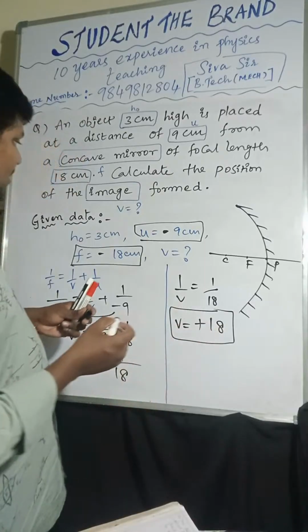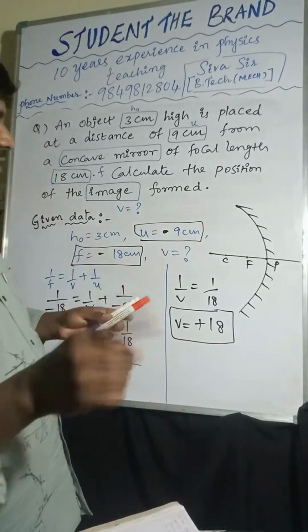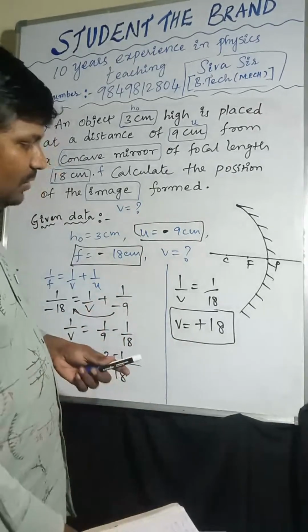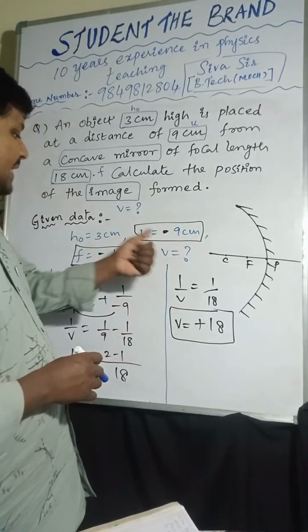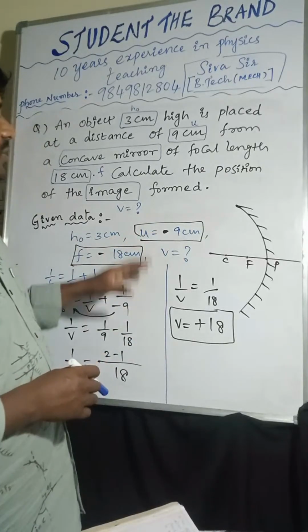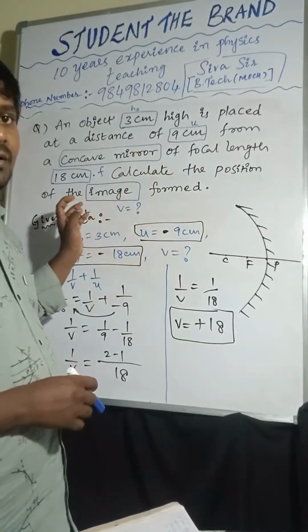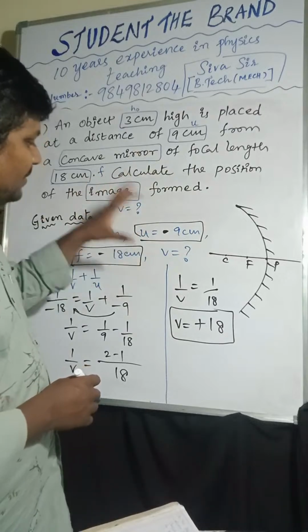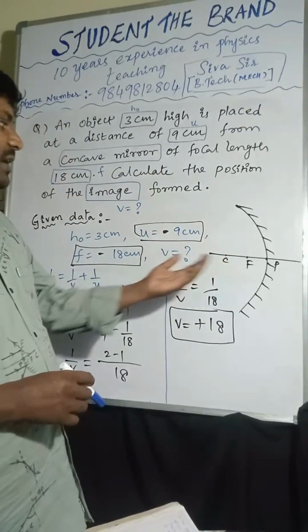Whatever we did, correct or not, I'll check. First, compulsorily check whether you did the problem correctly and got the correct answer. By taking the values, you have to draw the diagram. After drawing the diagram, by comparison of these values, we should understand whether the final image is correct or not.